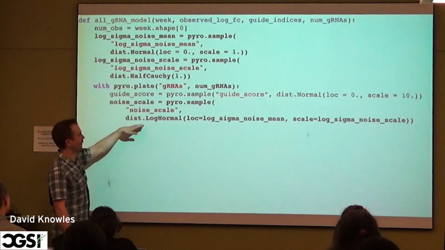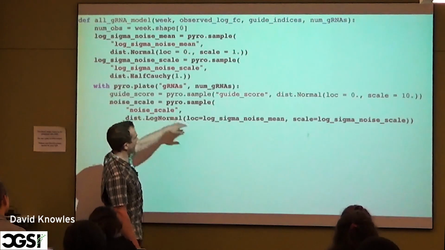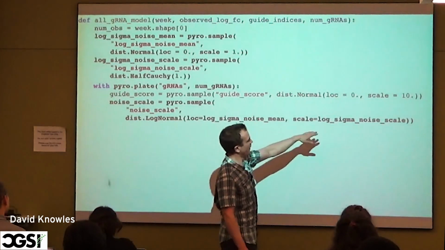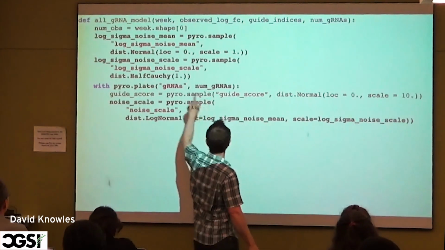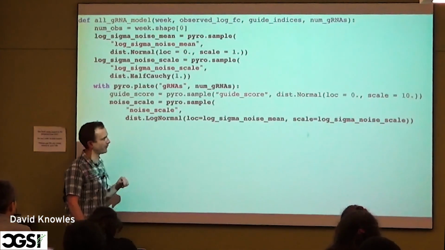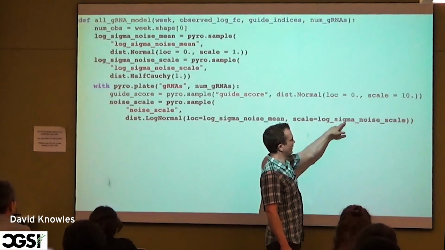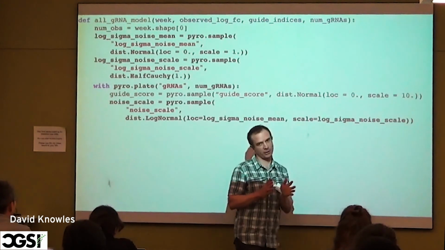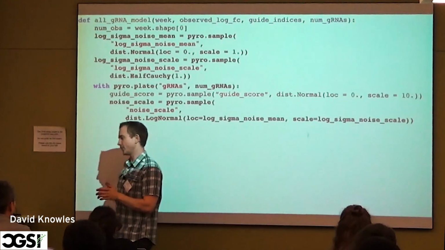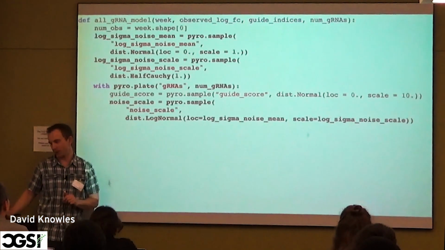That comes from a log normal with the mean and the standard deviation that are additional parameters in the model. Once we learn these parameters, that's going to tell us how similar the noise variances should be across the different guide RNAs.